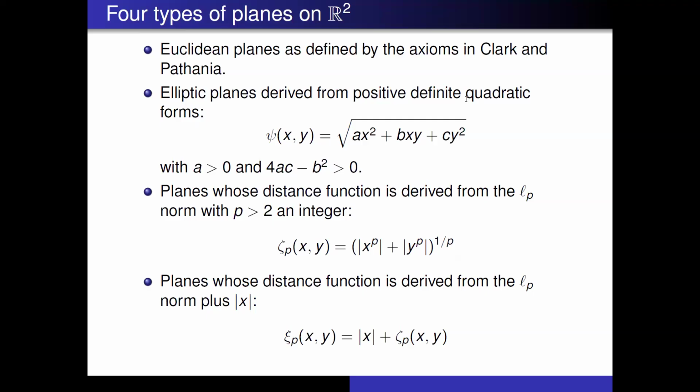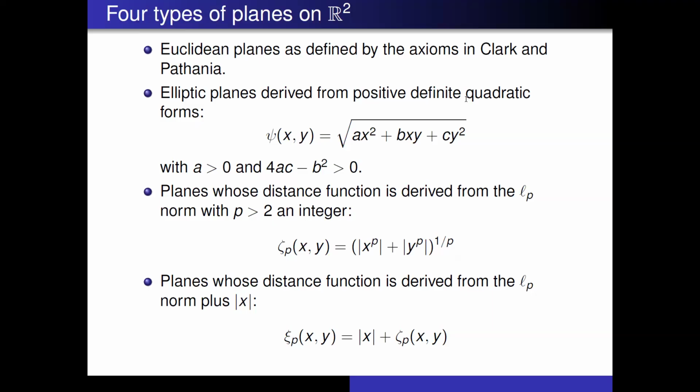And of course, you need it to be positive definite. That is, you need that b squared minus 4ac is negative, as I've written the other way. And so that's the second kind of plane.